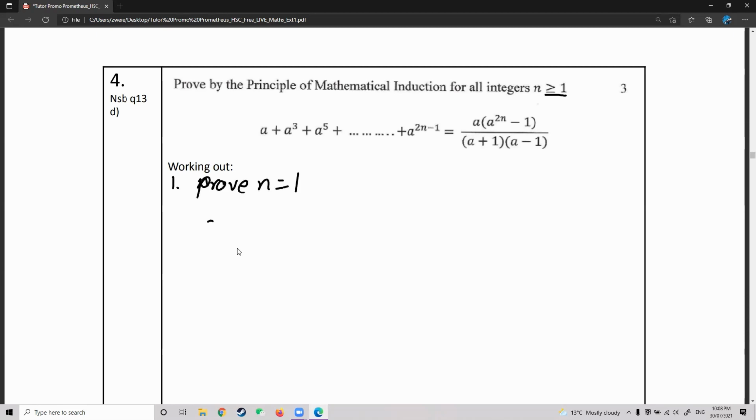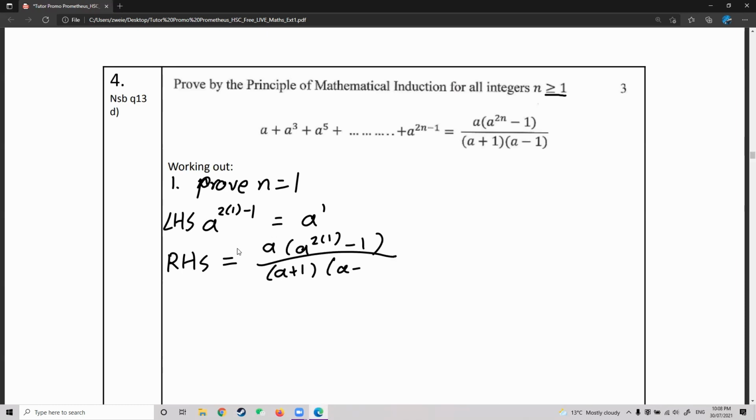What I get is a_{2·1−1} as my left-hand side, which is equal to a_1. My right-hand side will be equal to a_2 times 1 minus 1 over a plus 1, a minus 1.